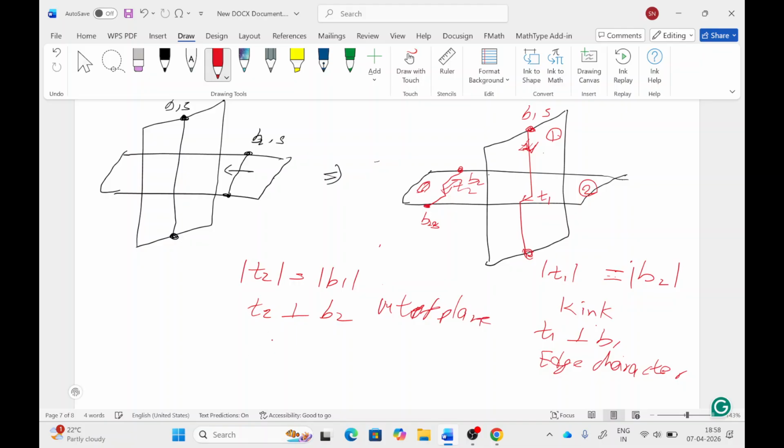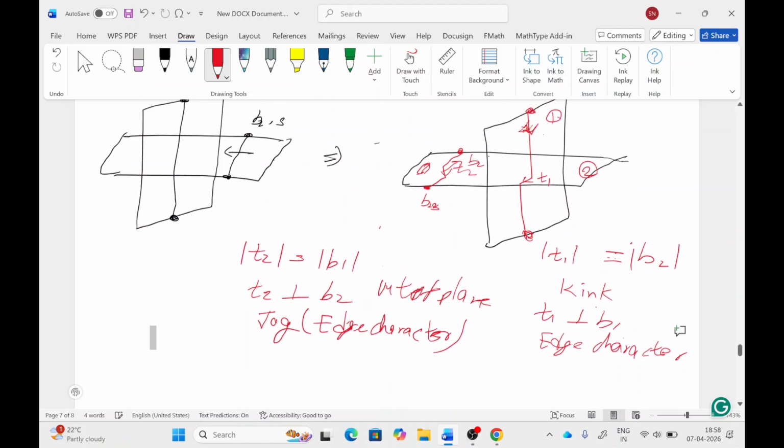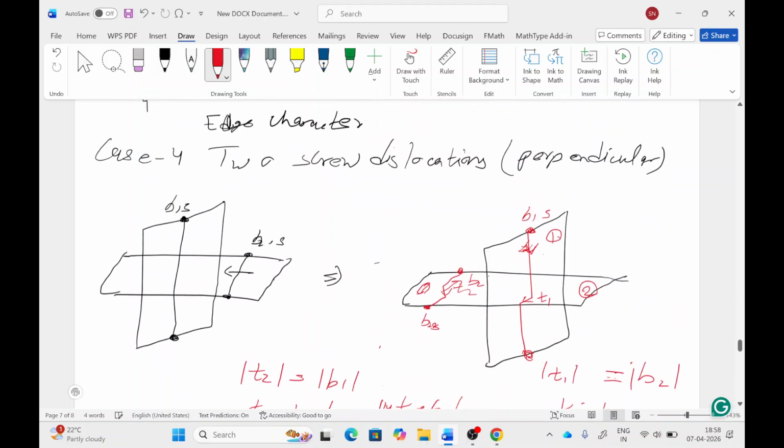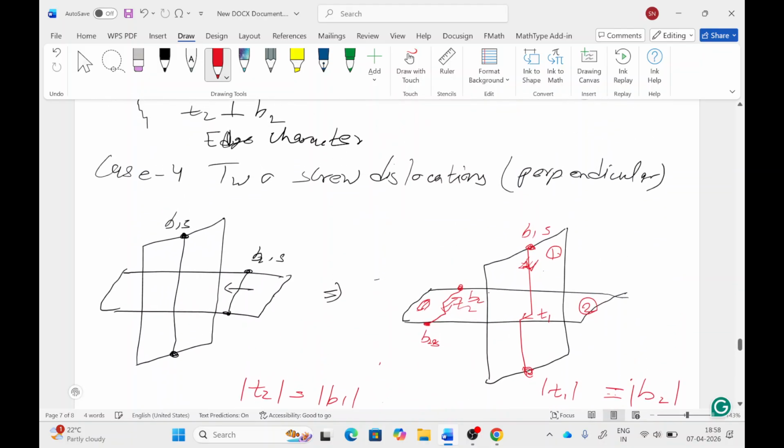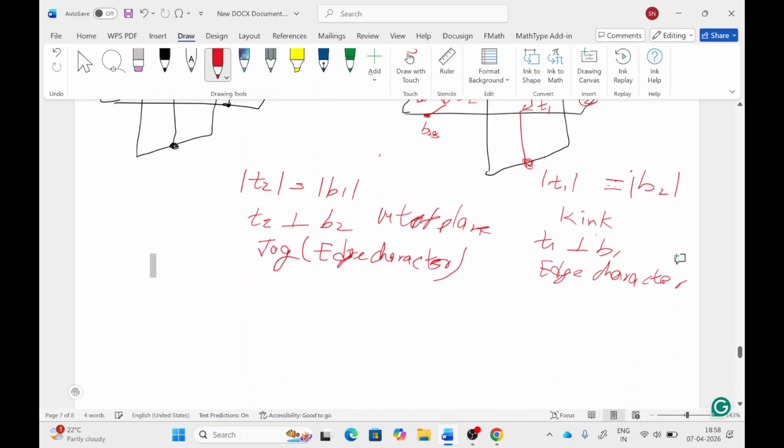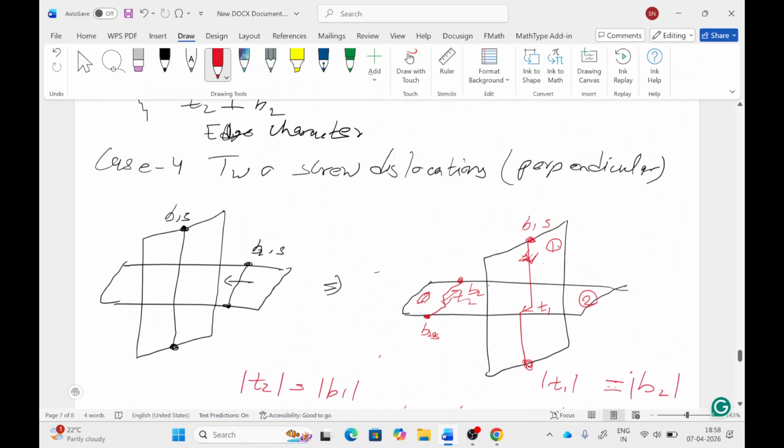So this will be a jog of edge character. Okay. So these are the four cases where screw and edge dislocation interact. So we will discuss the assignment questions now.